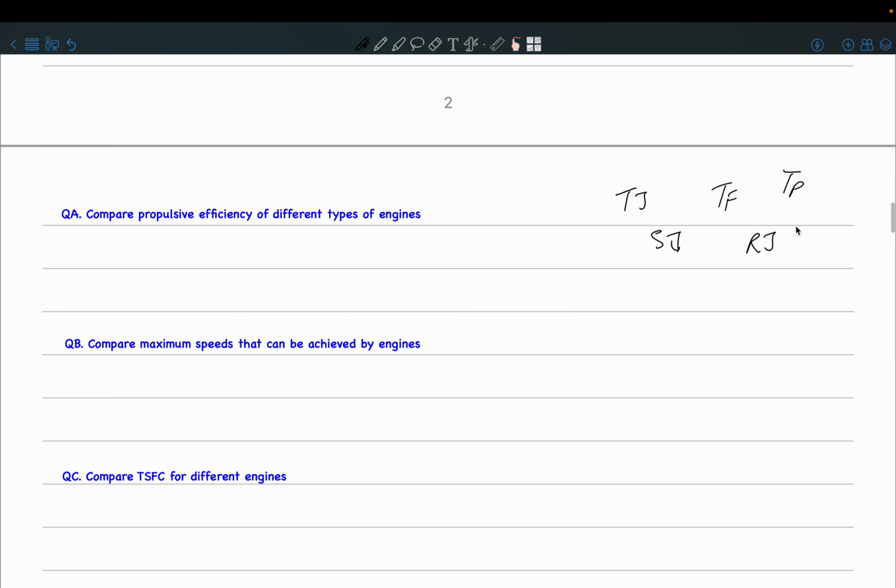For all these engines, please tell me whose propulsive efficiency is going to be the highest or lowest and so on. Right. So the answer given here is turboprop more than turbofan, more than turbojet, more than ramjet, and more than scramjet. Okay.